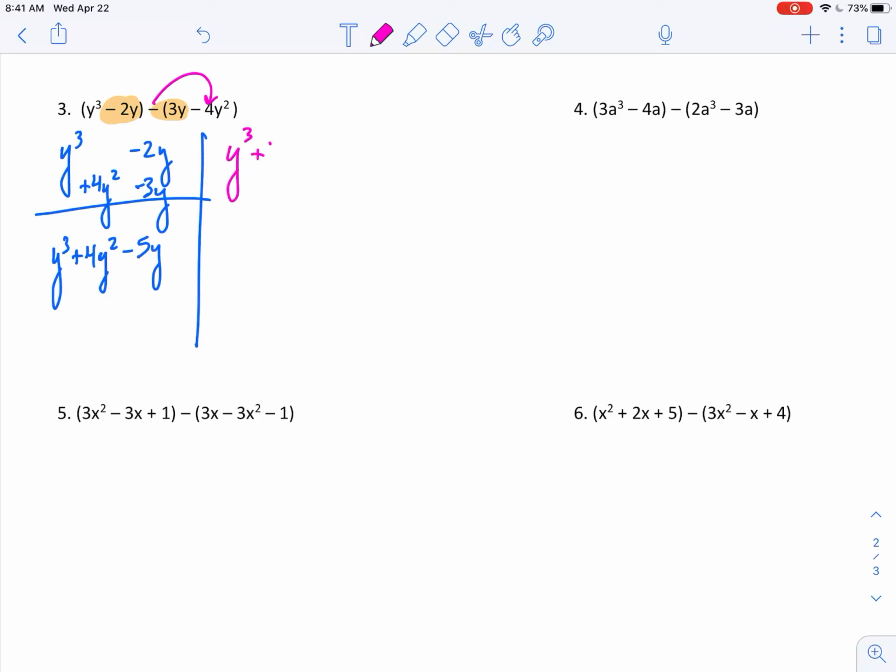And negative 4y squared has no like terms. But we've got to distribute that negative. So negative is positive 4y squared. And negative 2y minus 3y is negative 5y.